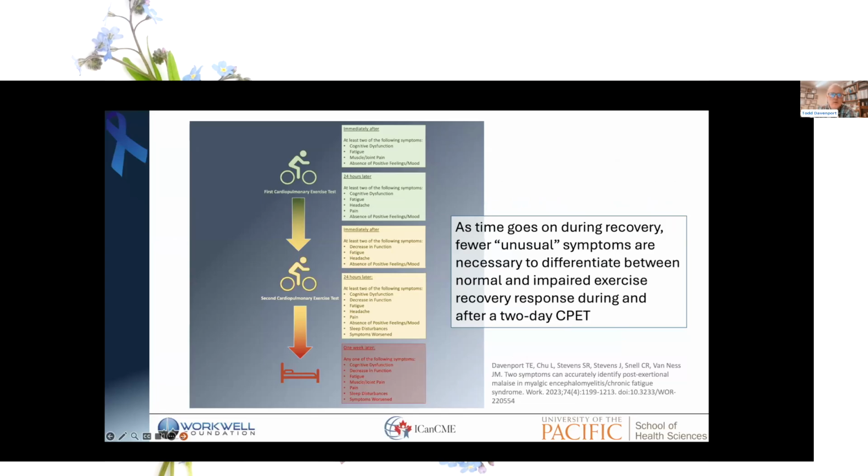So a week after a known exertion, if a person's still saying that they have cognitive dysfunction, they're feeling fogged, they have a decrease in function, deep fatigue, muscle and joint pain, if they're still having sleep disturbance, then it's really post-exertional malaise until proven otherwise.